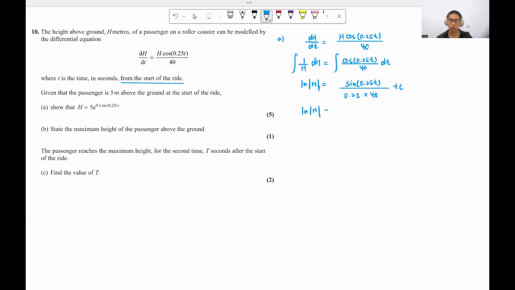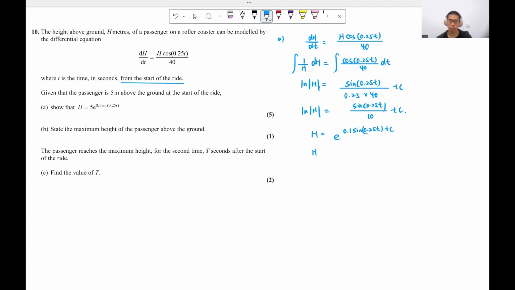So simplify this a bit. ln h equals sine of 0.25t, and 0.25 times 40 is equal to 10, so divide by 10, plus c. That means h is equal to e to the power of, dividing by 10 is the same as 0.1, so e to the power of 0.1 sin(0.25t) plus c.